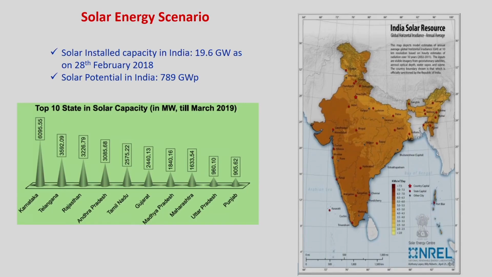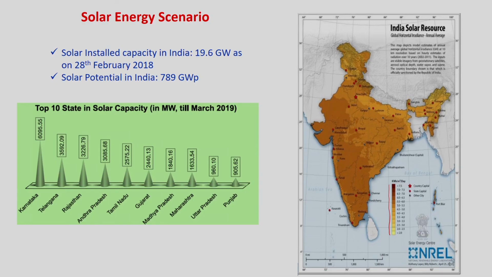Now, let us concentrate on the solar energy scenario in India. This is an India map and you can see the scale here, based on the color code. The darker the color, the higher the solar insolation. So, we can understand the kind of energy available here. Maybe the darkest section is 7.5 kilowatt hour per meter square per day.